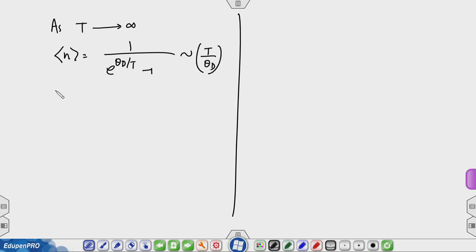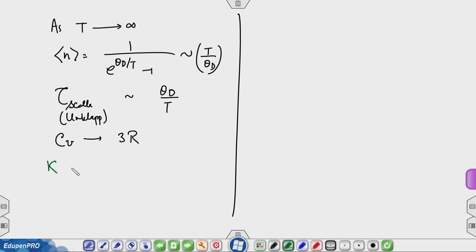And therefore, tau scattering due to Umklapp is going to go as theta d by T. And at such temperature Cv has gone to 3 R. So, you are going to have kappa equals 1/3 times 3 R times some velocity quantity.